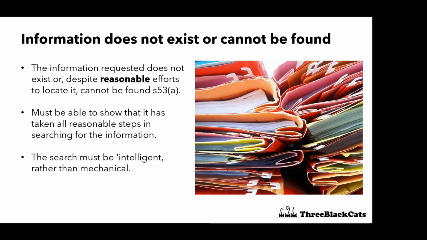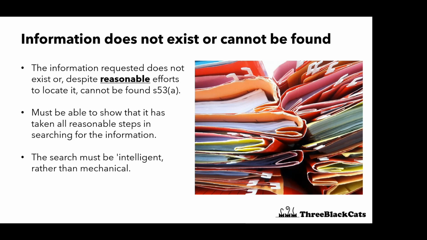We need to have actually gone and had a look for it. So if it's paper records, go to the records room and actually have a look. Is it in the box labeled S if my surname begins with S? No, it's not. Cool. I made reasonable efforts to look for it in the box.